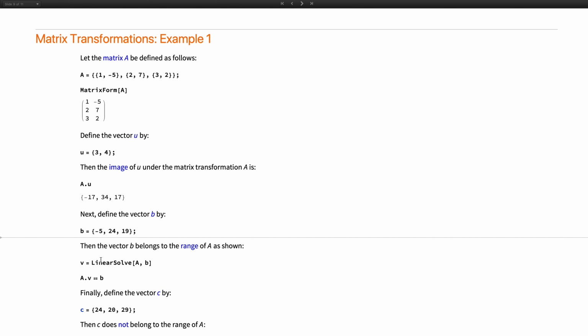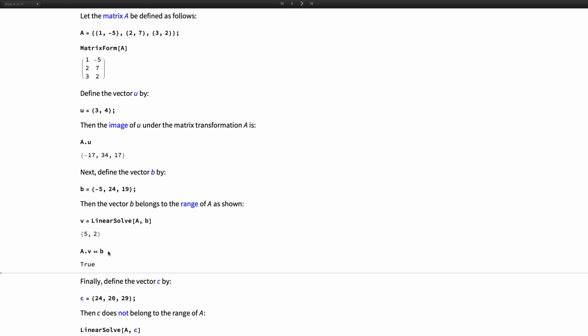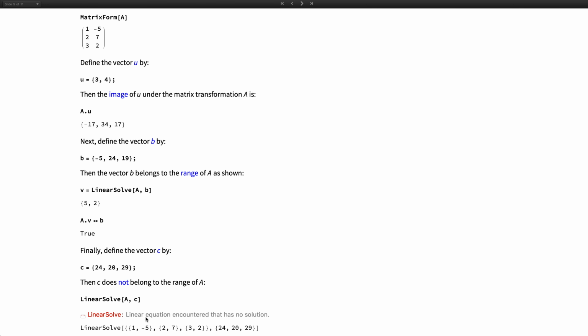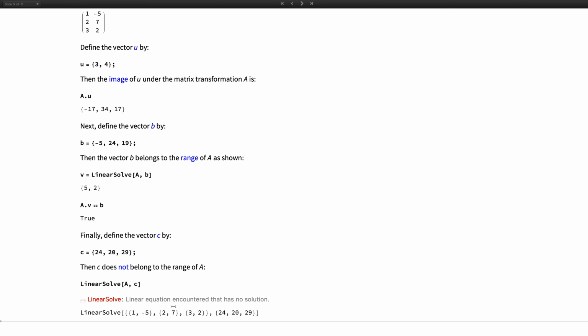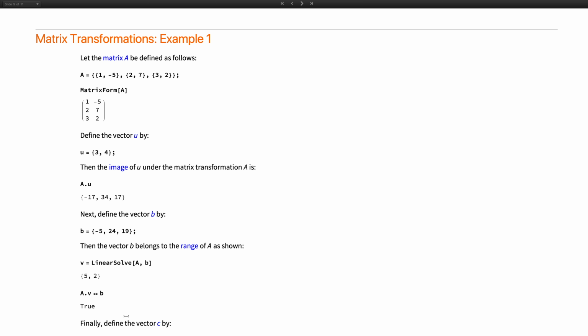So to understand that, you do linear solve of A comma B and you get back an answer, and you see over here that that answer V dotted with A does give you back B. So B is certainly in the range of A. The vector over here is in the range of A. But if you take the vector C over here and you try and do the same thing, you see over here that this vector does not belong to the range, and you get back a message saying that this linear equation has no solution. So every matrix will define a linear transformation for you.